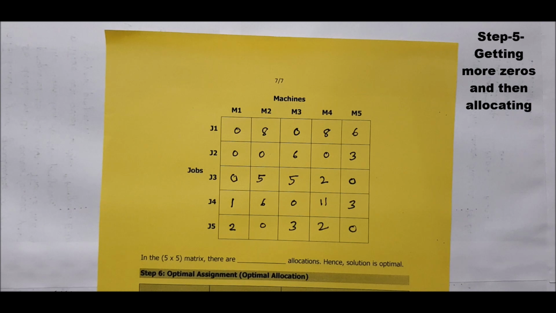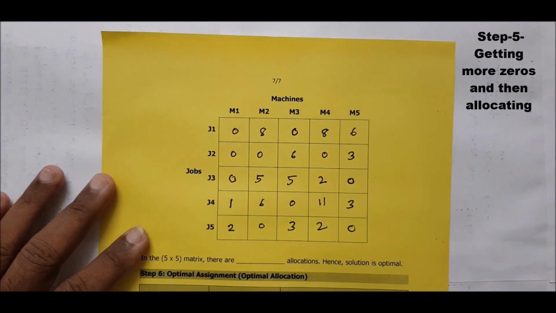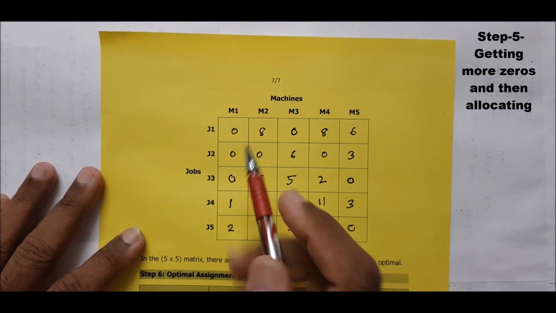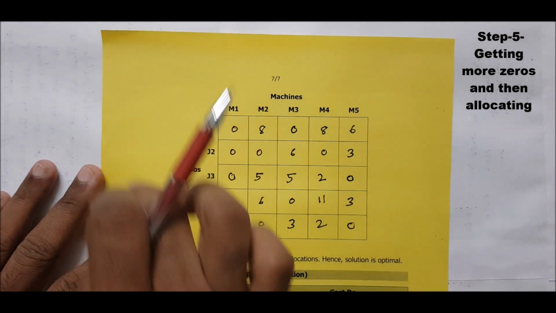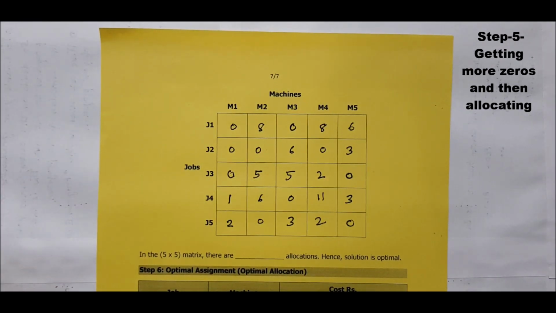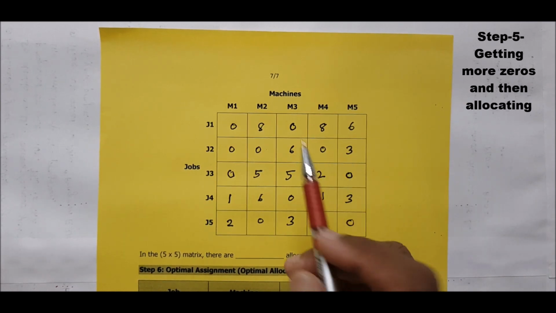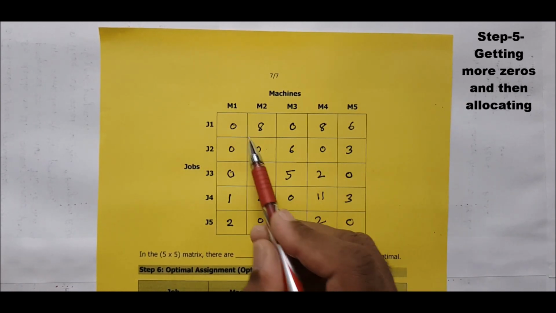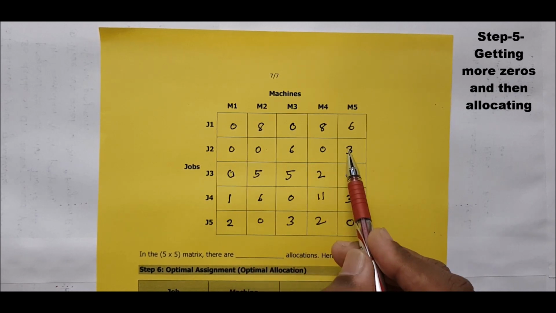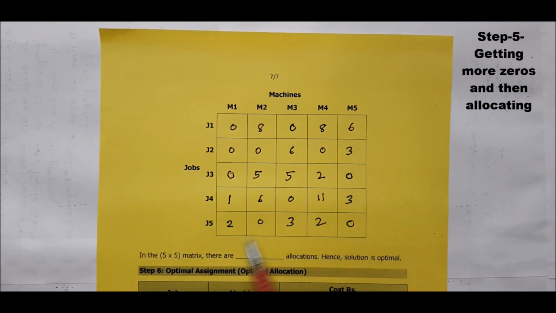Now, we will go into the procedure of allocating. How to allocate? See row wise. You need not write again and again how to allocate. One place, if you have written, it is okay. Somewhere in the first step or second step, it's better to write it in the first step, even though I have written it in the second stage of finding more zeros. So, see row wise, single 0 is not there, single 0 is not there, single 0 is not there.